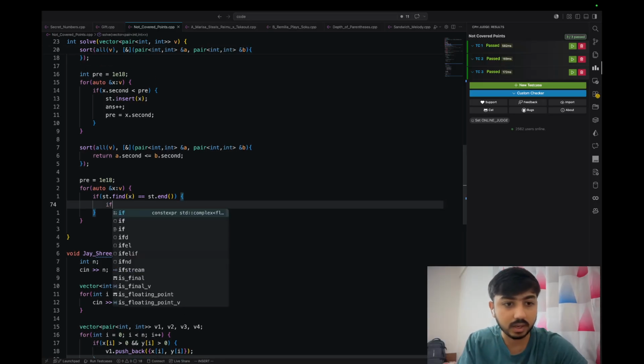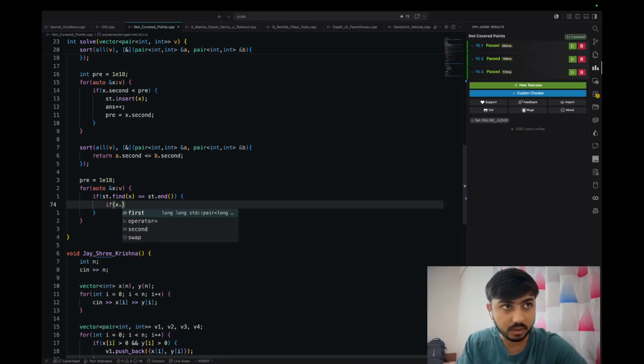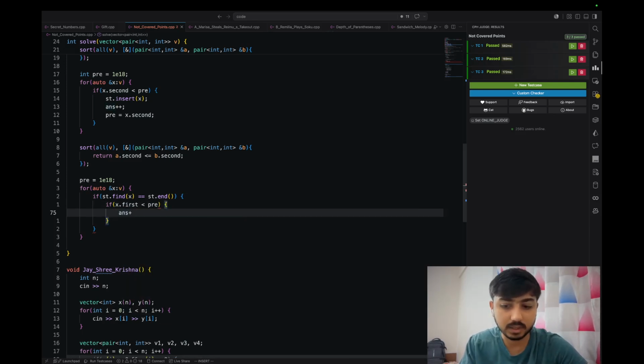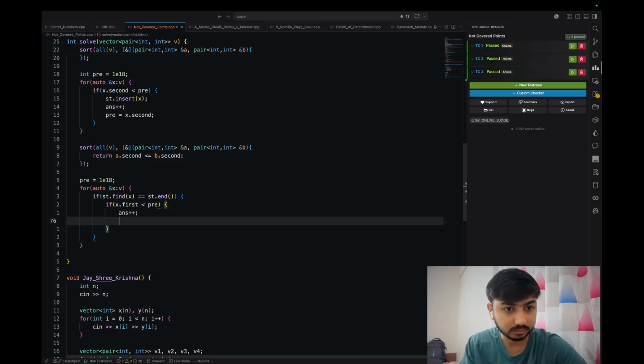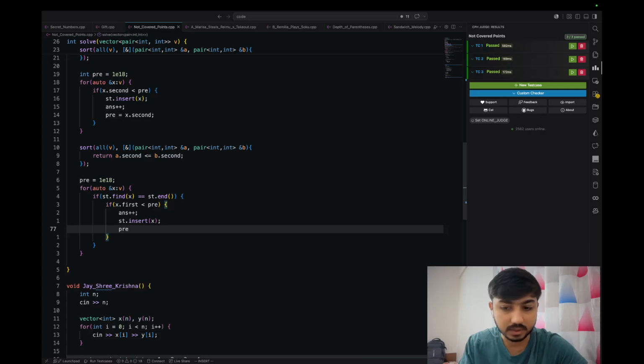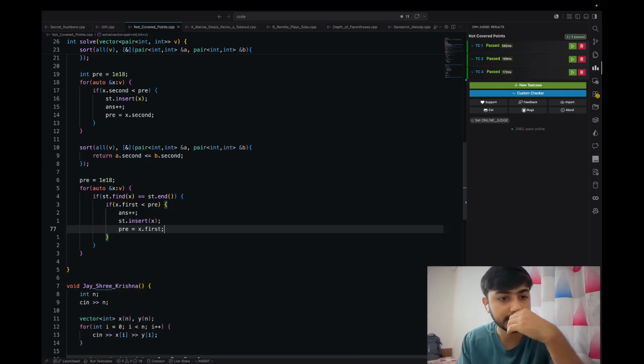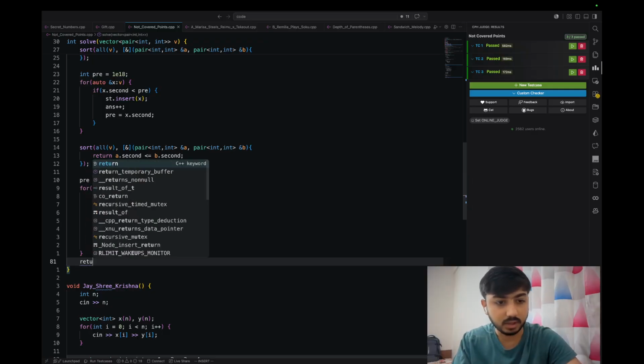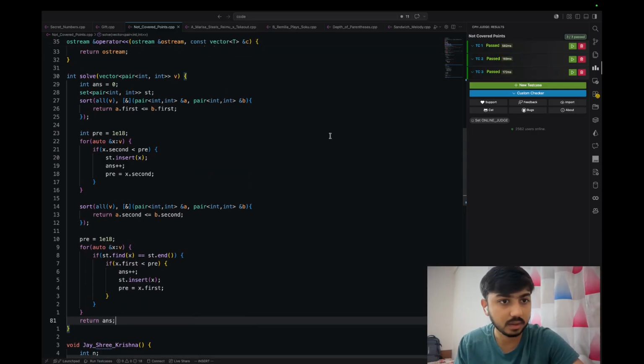Now we have to check if x dot first is less than previous, then answer plus plus, st dot insert x, and previous is equal to x dot first. And we'll return answer.